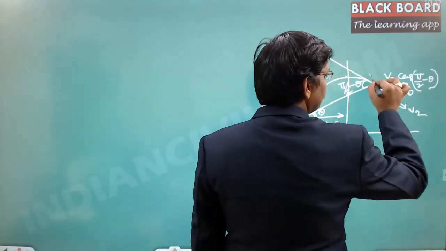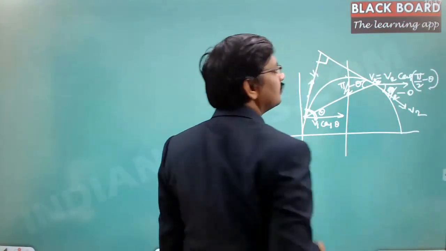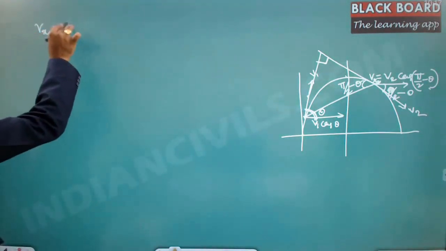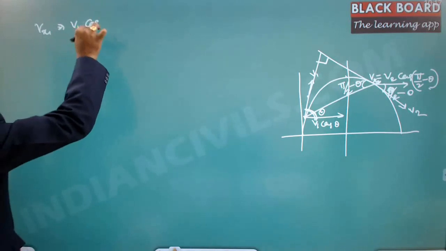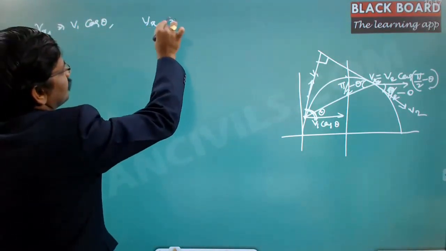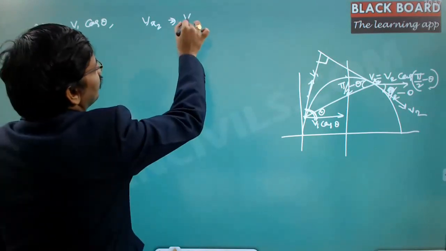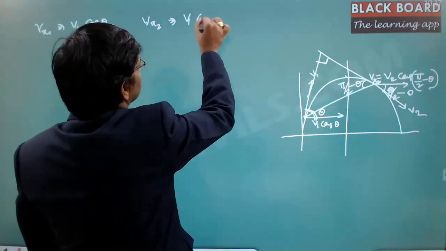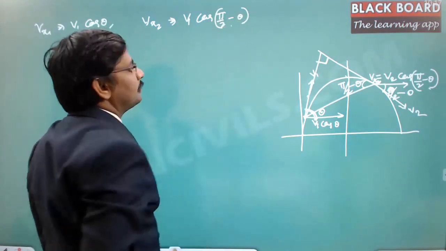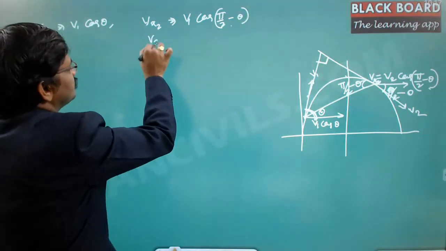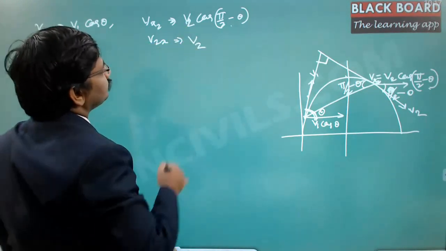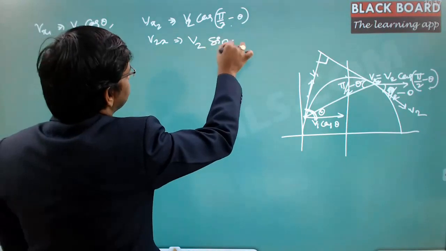This is the velocity Vx2. So Vx1 is given as v1 cos theta, and Vx2 is equal to v2 cos(pi by 2 minus theta), so Vx2 is equal to v2 sin theta, right?